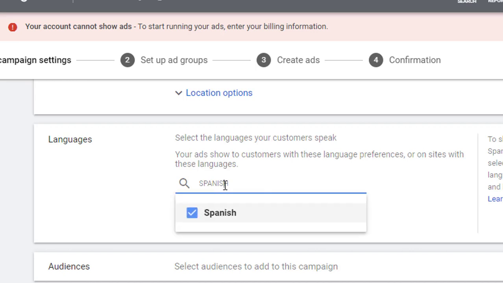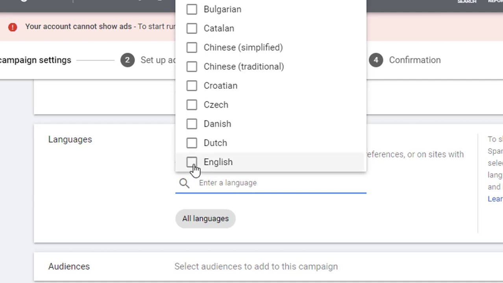In that case, the best thing for you to do is to target only those people who have English. Since your ad copy is also built in English, they would be able to understand it since their interface is also in English.